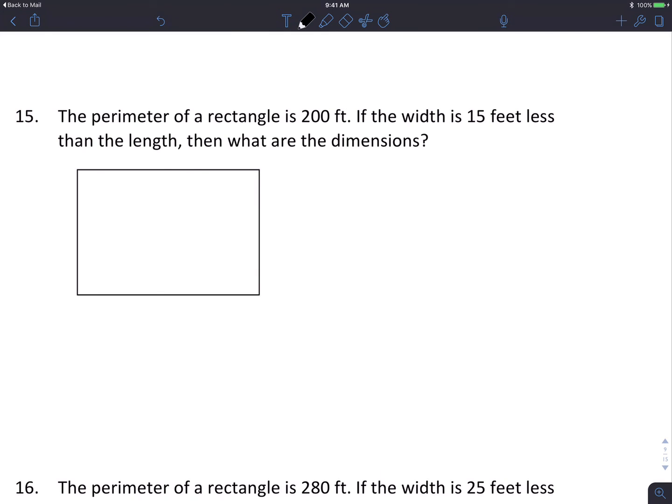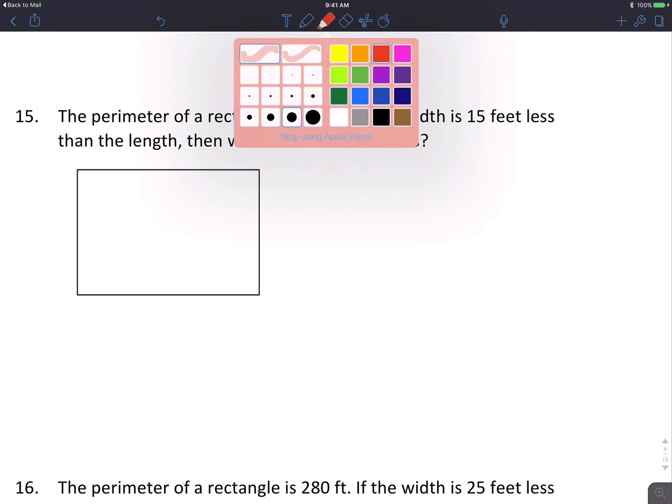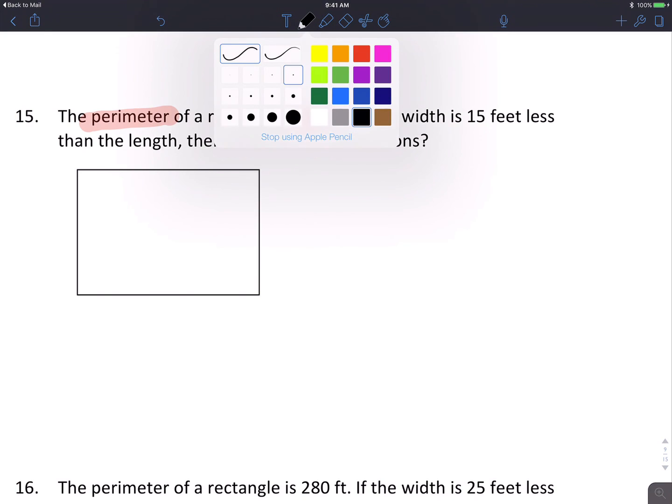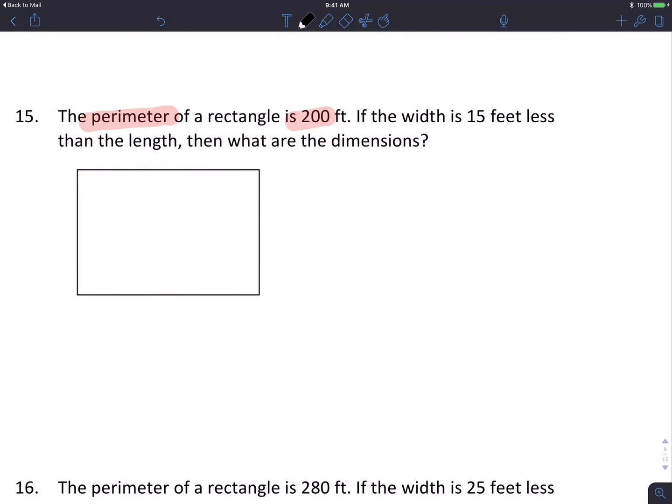Number 15 again. Notice perimeter is 200. So we can write it down. Perimeter is 200 feet.